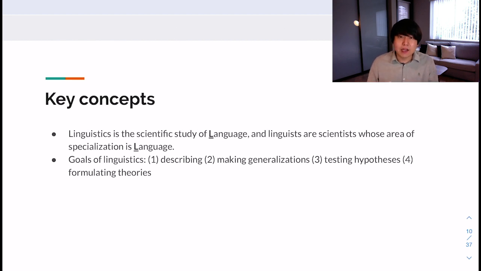For example, how English plurals work, how Arabic past tense works, how the French gender system works. Those are generalizations deduced from the data we described from languages around the world, and we come up with hypotheses and test them, which is the scientific method, to see if they're correct, and then you formulate theories to explain why those patterns exist and how those patterns work in our language.